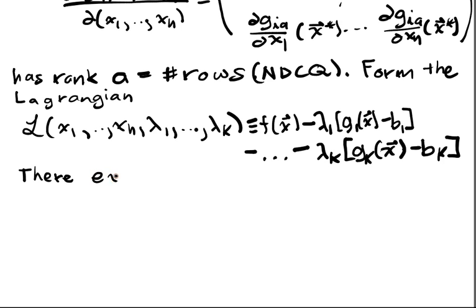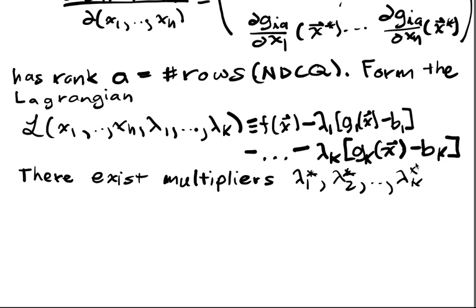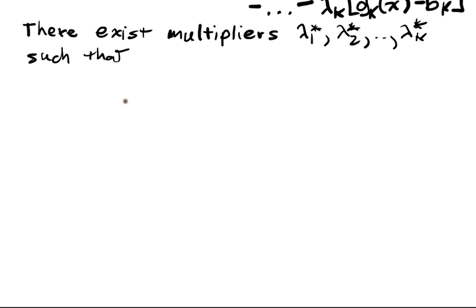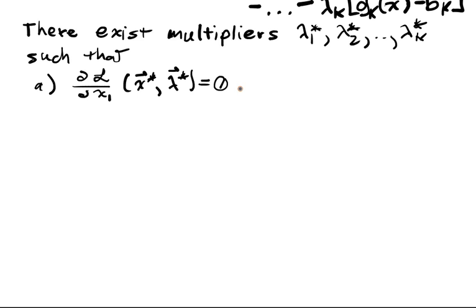There exist multipliers lambda 1 star, lambda 2 star, all the way up to lambda k star, such that, A, the first partials with respect to the x variables are all going to vanish.